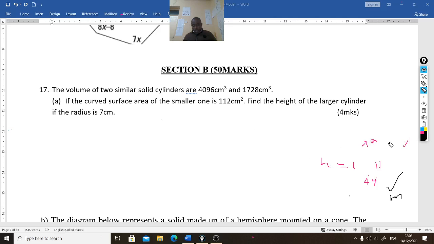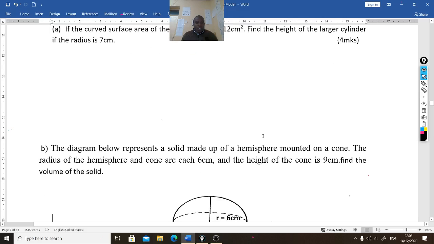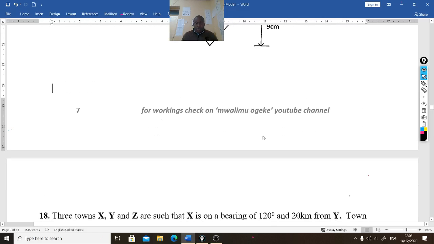Volume of a sphere is 4/3 pi r cubed, and the volume of a cone is a third pi r squared h.